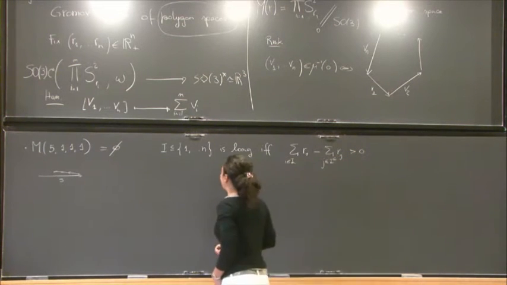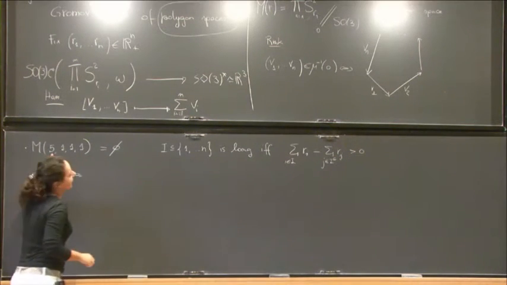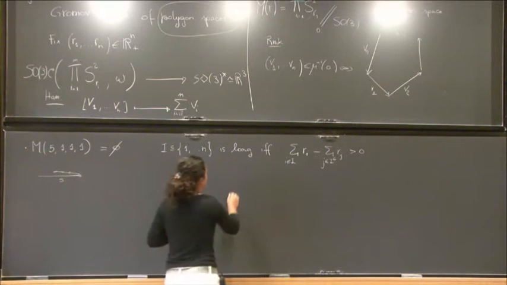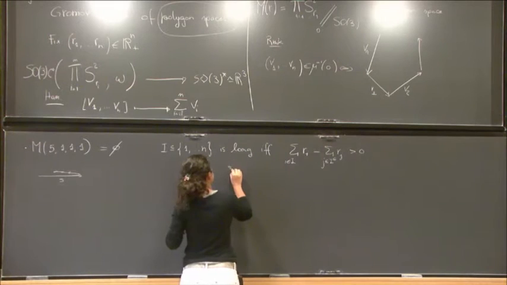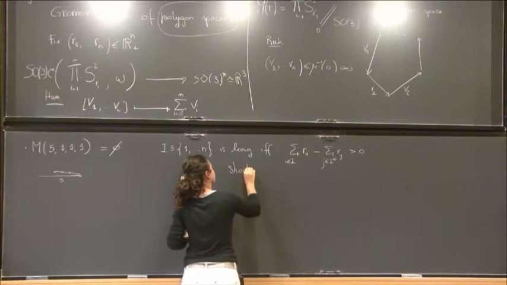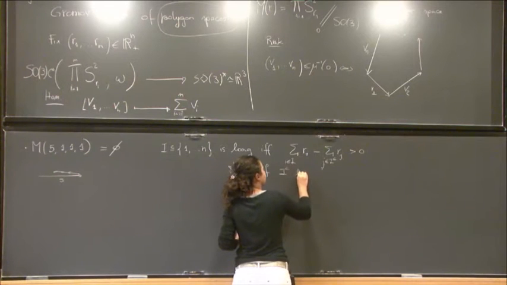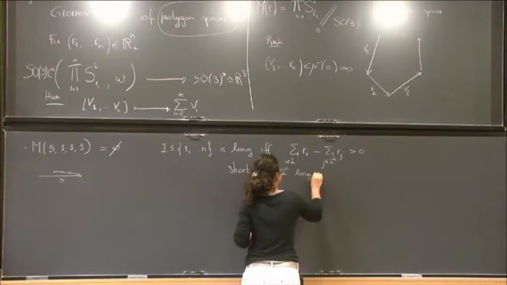I call the set long, and then when I have a set of cardinality 1 long, then the space is empty. And I say that this is short if the complement is long, obviously. Okay.